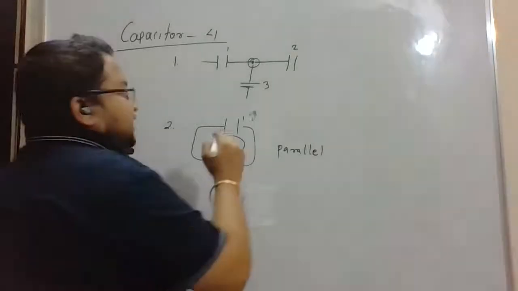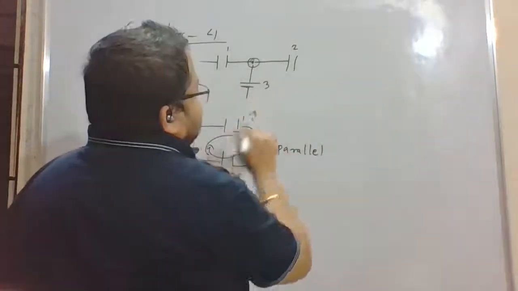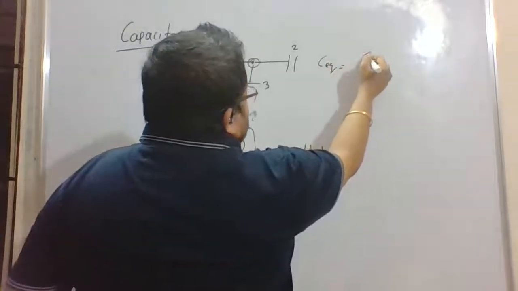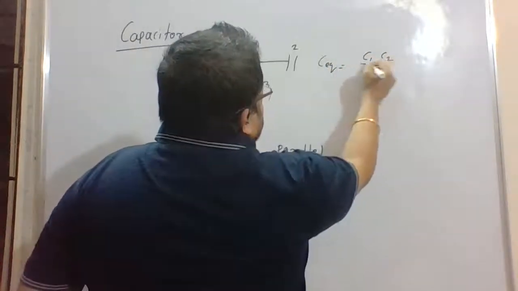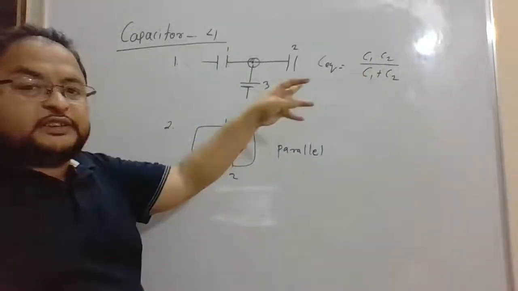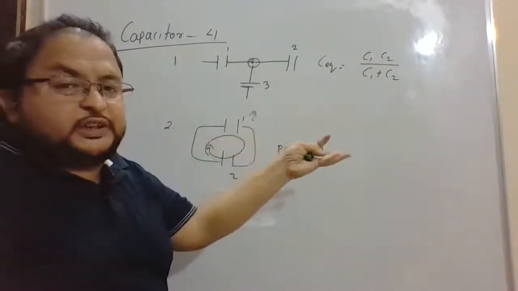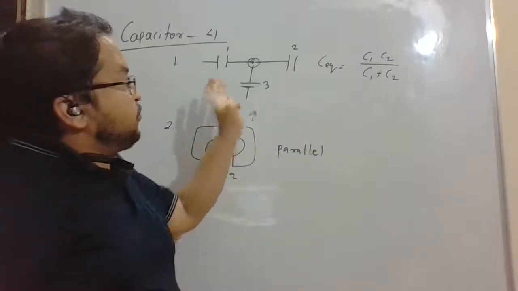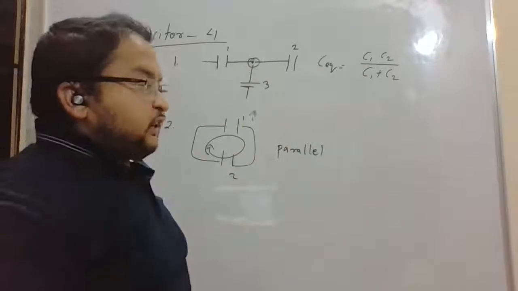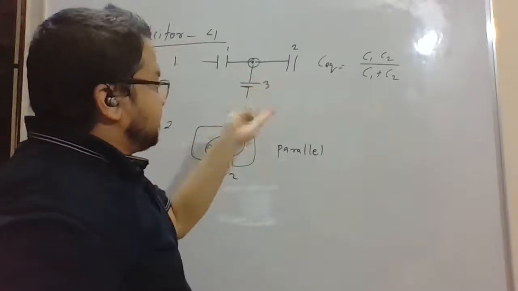Also, we had seen that when capacitors are in series, the C equivalent of two capacitors would be C1 C2 by C1 plus C2. This is just the opposite of resistors. When resistances are in parallel, the equivalent resistance becomes R1 R2 by R1 plus R2. In the case of capacitors, it's just the opposite.